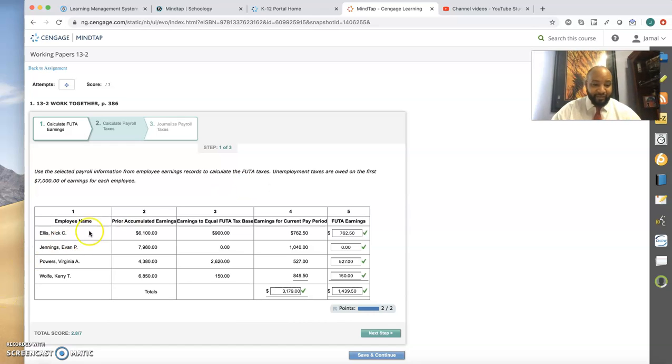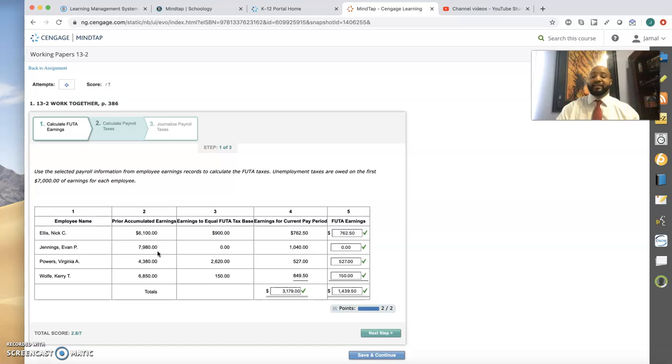So if you look at each employee, this is why they give us their prior accumulated earnings. It tells us how much they've earned up to this point. So Nick Ellis had only earned $6,100. Because he only earned $6,100, he still has to pay FUTA taxes on $900 worth of his salary. Evan Jennings has to pay no FUTA taxes because he's already earned $7,900.